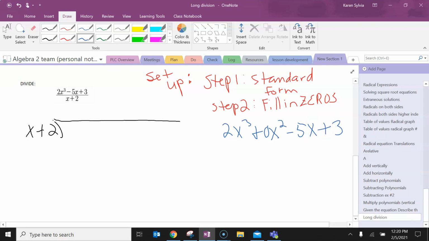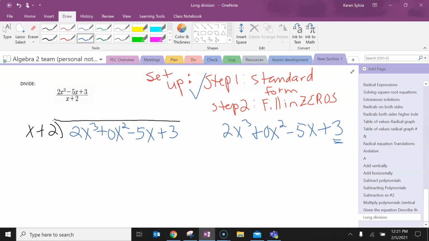So if anything is missing, even the constant, I would throw a 0 in there. Once that's accounted for, I put it inside my box. So I know I'm going to have 2x cubed plus 0x squared minus 5x plus 3. Okay, so my setup is complete.